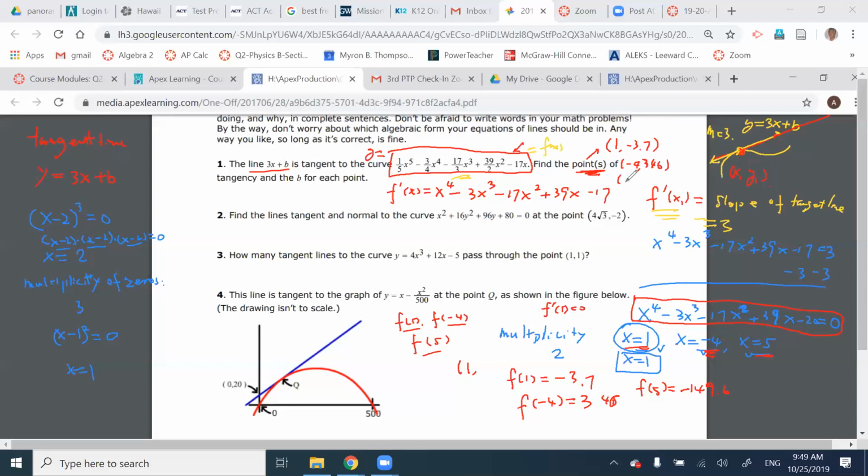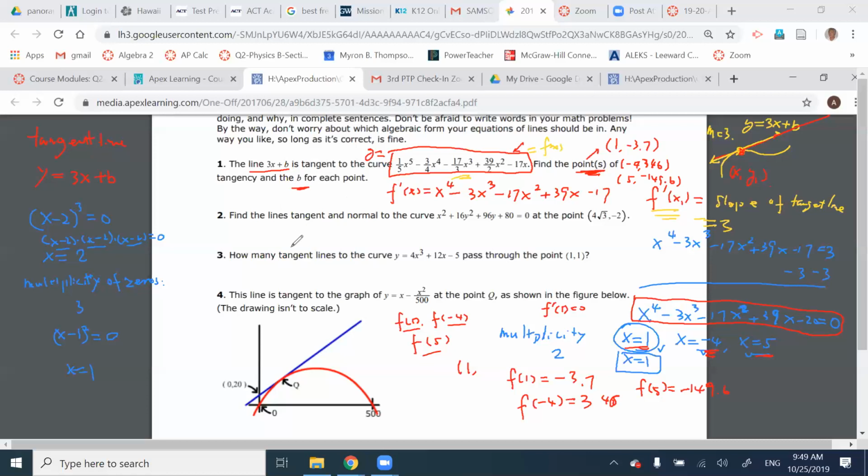And then the other one is 5 and negative 149.6, around that. Okay, listen, the method is important here. You may round up because they're not saying round to where. I think any is okay. Now, but they ask for what? For the b.